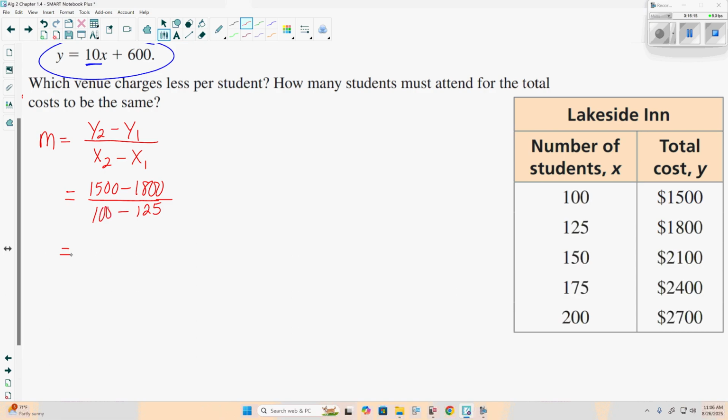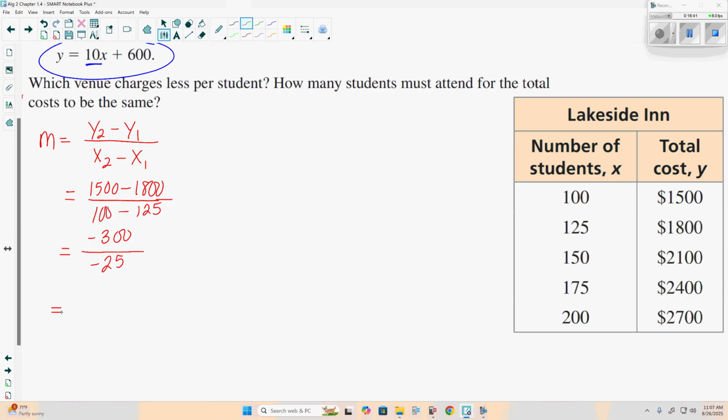Because whichever y value we put first, its corresponding x value has to go first. Now at this point, we can calculate this out. 1500 minus 1800 is going to be negative 300. 100 minus 125 is going to be negative 25. Now, a negative divided by a negative is going to make a positive.